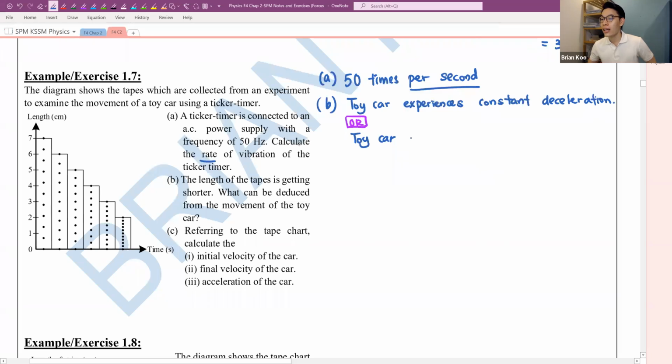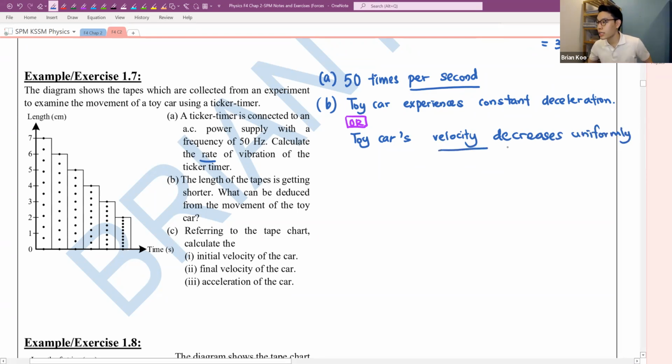Okay, toy car, you guys wrote what? Constant toy car velocity decreases uniformly. Okay, uniformly.